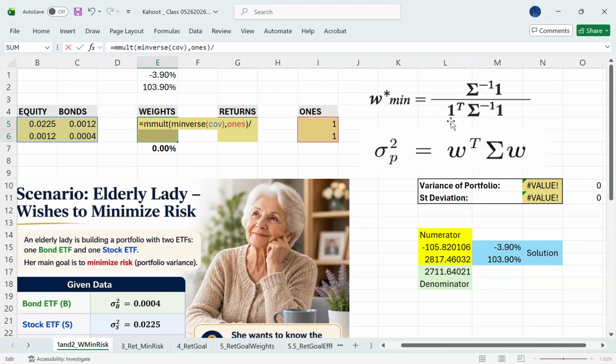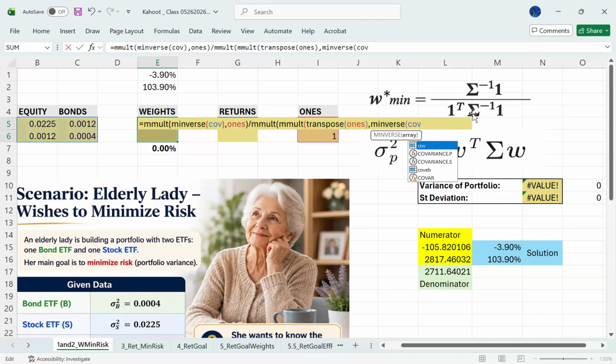Because we have three elements, we will need two MMULTs. So the inner MMULT, we're going to multiply one transposed by MINVERSE of covariance. So the first one is transpose of ones, comma, MINVERSE of cov. Okay, and then we can close the inner MMULT here.